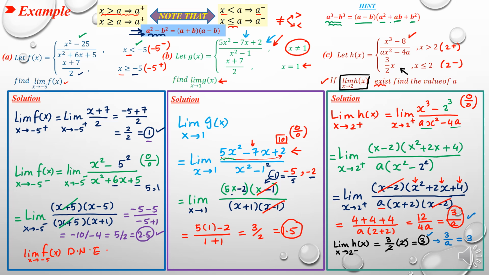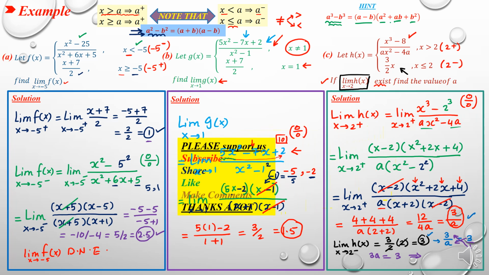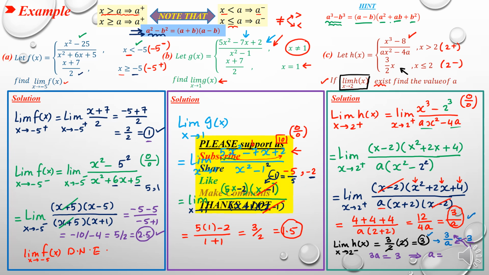Now we can write 3 as 3 over 1, and you have to do cross multiply. 3 times a is 3a equals 1 times 3 is 3. Then you have to divide both sides by 3 to get the value of a. So a equals 1.